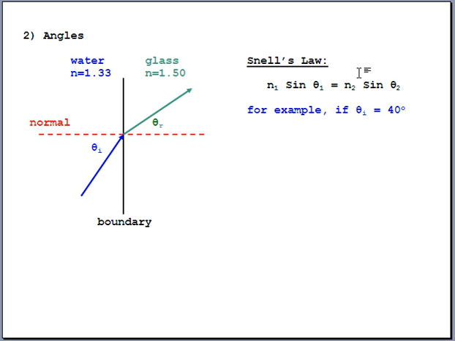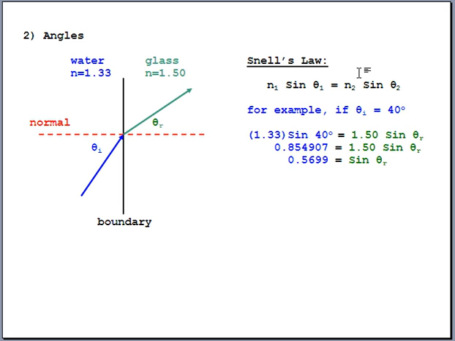So let's make an example up. Let's say that the angle on the way in is 40 degrees, and then it's going to hit that slower, sticky glass. Well, I can just drop the numbers in. I can grab the indices of refraction from a data sheet from your textbook pages. 1.33 for water, sine of 40 degrees, and then 1.5 sine of the angle at the end of the story.